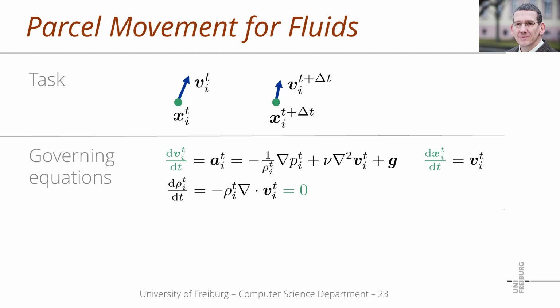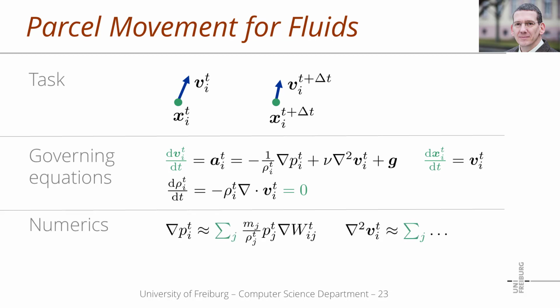And the fact that the time rate of change of the density is related to the divergence of the velocity is also referred to as continuity equation. In order to compute velocity changes at particles, we need to compute accelerations. And the computation of these accelerations typically involves the computation of spatial derivatives.